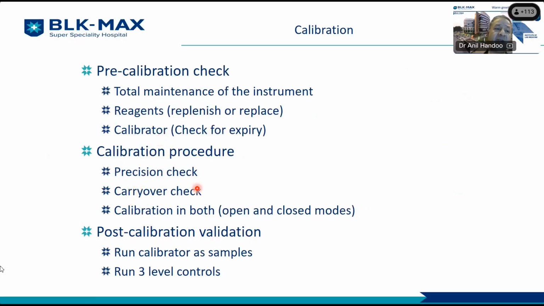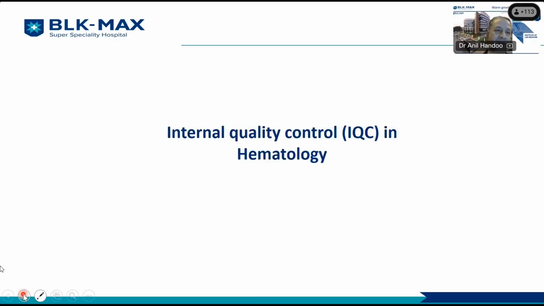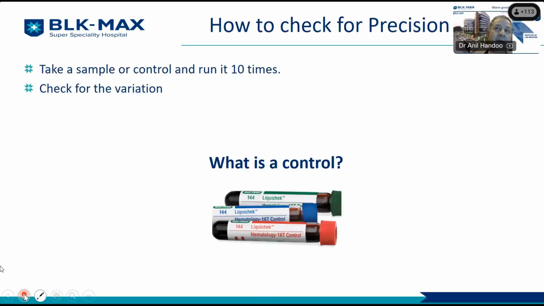Do a precision check during the calibration procedure, including carryover, linearity, etc. And then post calibration, run the calibrator as a sample because that will ensure that you're able to get your accuracy. And of course, run the three-level controls and see how much of a bias you are getting in that. Now, coming to internal quality control in hematology, I'll be concentrating primarily on the analyzer performance.